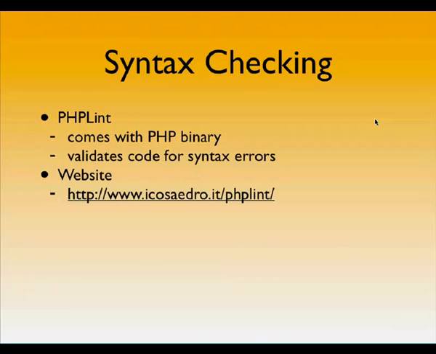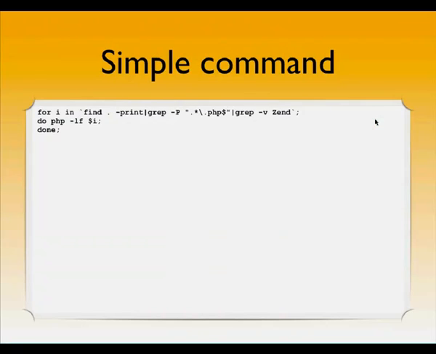But you can have some pre-commit hooks that actually execute this syntax checking before the code is actually committed and returns an error message if the code is not valid. So you can actually have your developers fix the problem before it even is a problem, which is always a good thing. It's a very simple command.